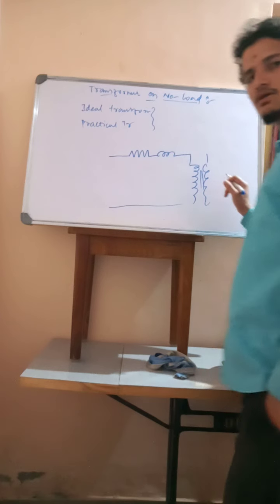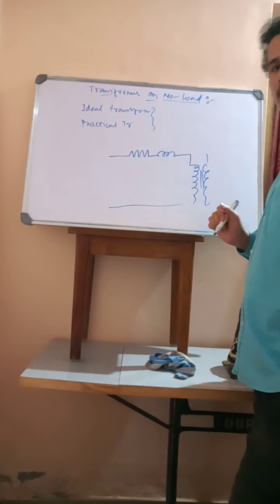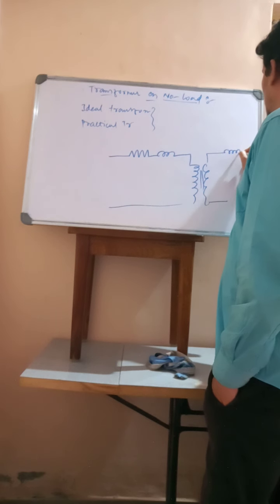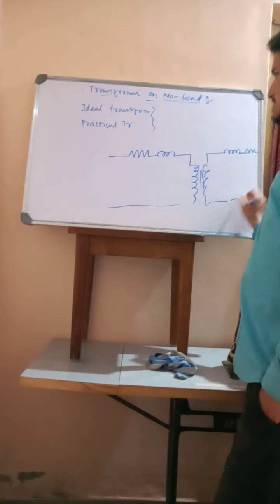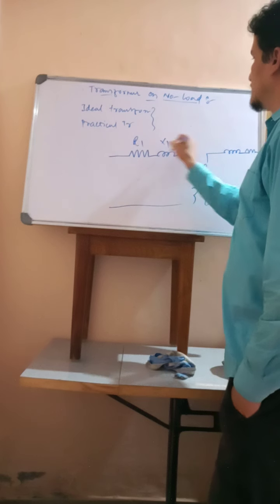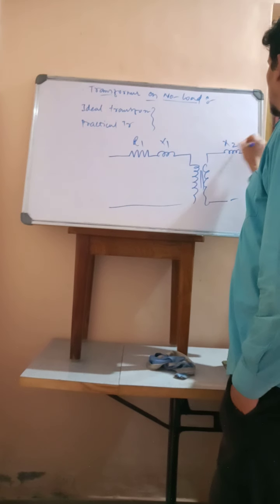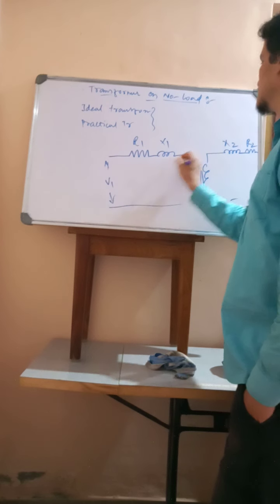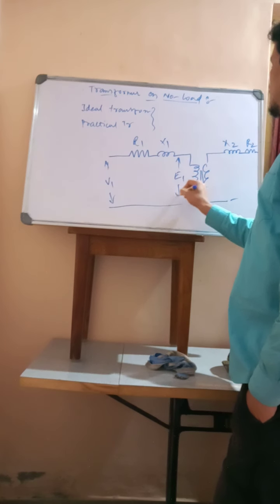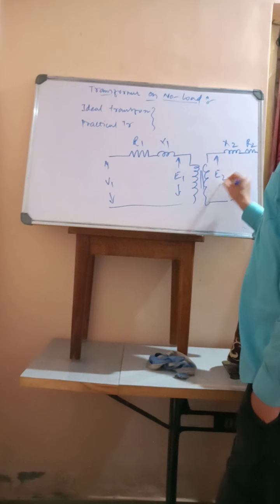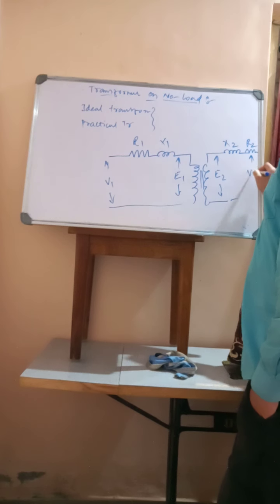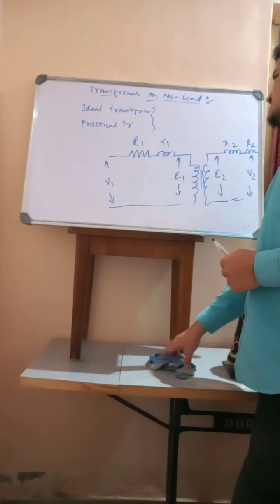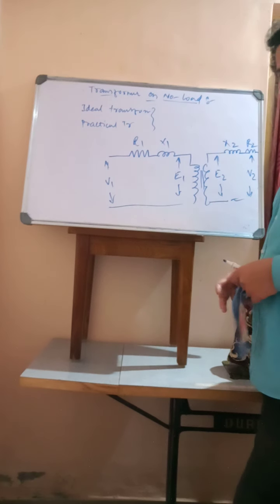If I don't write any two lines, it is an air core. Now it is like this: R1, X1, X2, R2. This is V1, this is E1, sorry, this is E2, and this is V2. So this is the representation of a practical transformer.